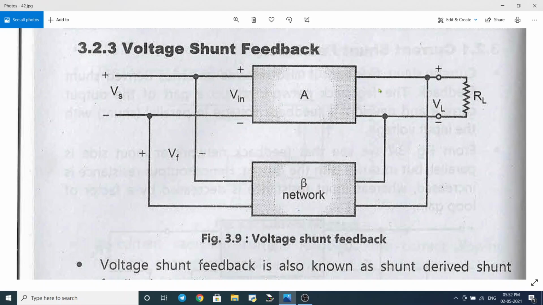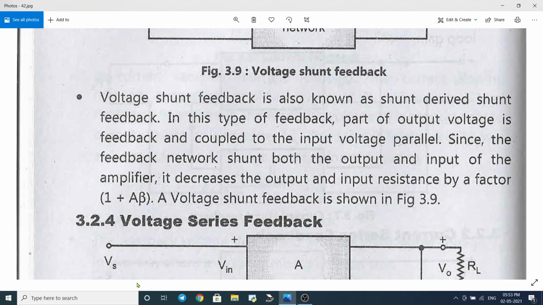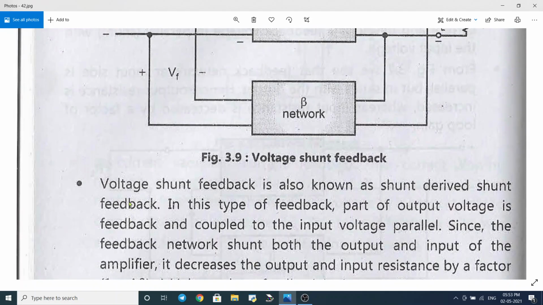The amplifier output impedance will decrease, and the amplifier input impedance will also decrease. So it decreases the output and input resistances by a factor 1 plus A beta. This factor is called the loop gain.